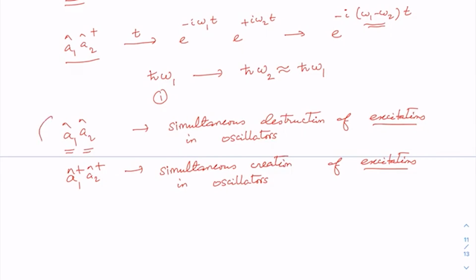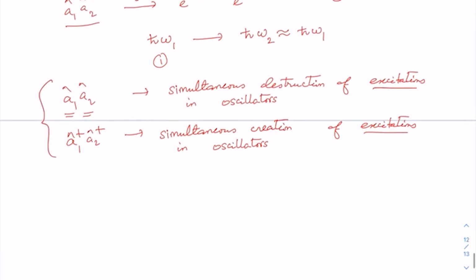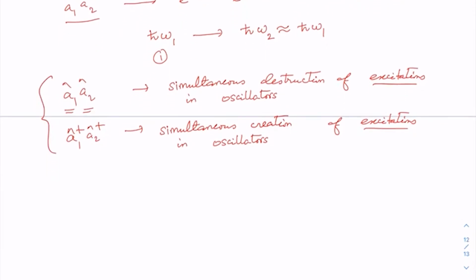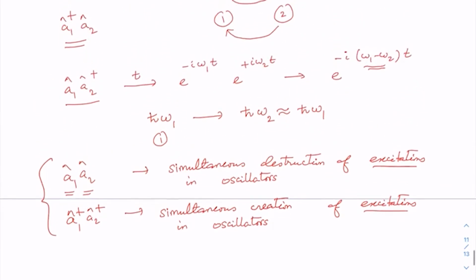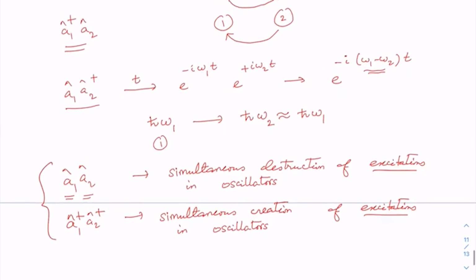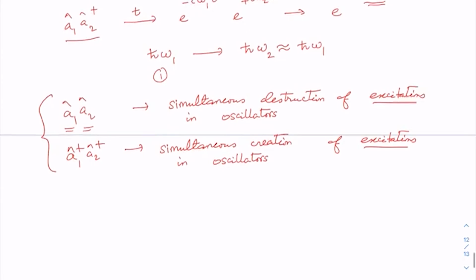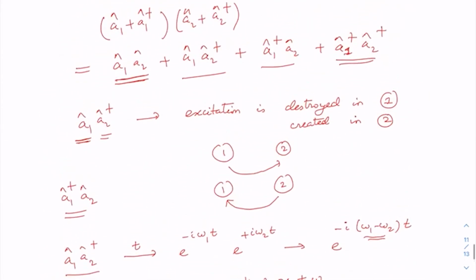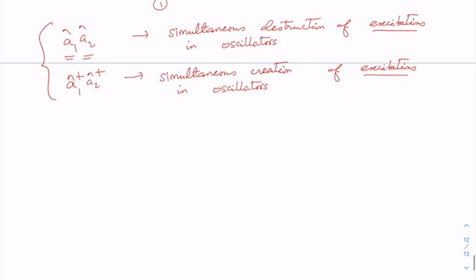Actually these two events are very unlikely, and it is not physical either. Initially you had nothing and now you have destroyed or created two excitations, so this is not physical, and these two terms can be neglected on physical grounds. Another way to look at it is that these are called non-resonant terms.